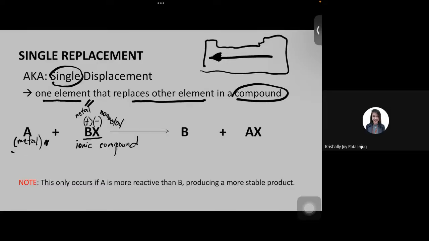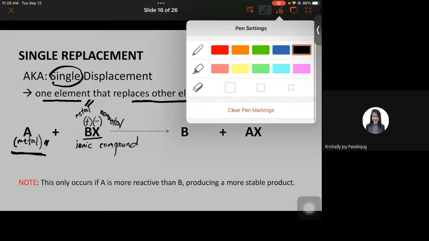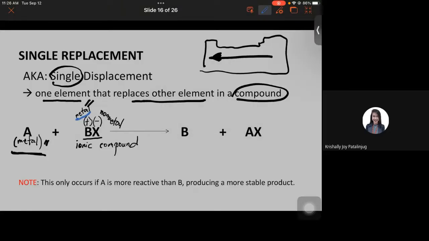So since I have emphasized here that sample A is a metal, so during single displacement, it will replace or displace the metal portion of that ionic compound. So that would be B. That's why look at the chemical reaction. Yung B is now on the product side. The B is now the single element, and what replaces the spot or position of B previously is now the atom A. So you will now produce AX plus B.